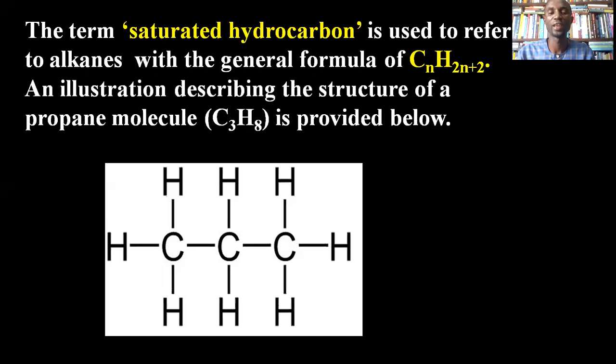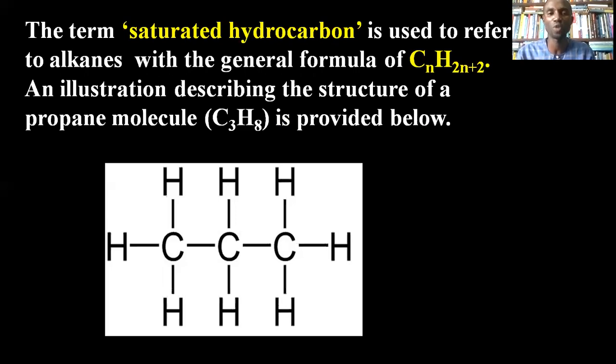Saturated hydrocarbons are usually used to represent alkanes. The structure below, we can use it to illustrate what we mean by saturated hydrocarbon using propane. When we look at this structure, we observe that it has 3 carbon atoms, and all the bonds connecting to carbon are single bonds.